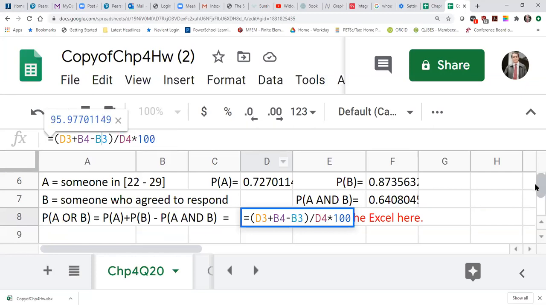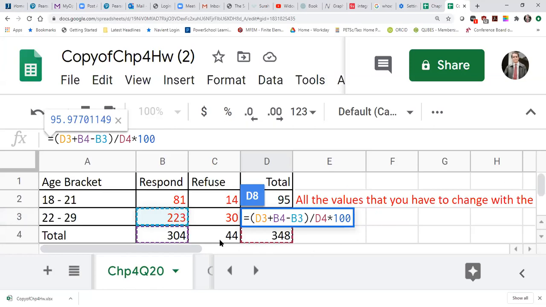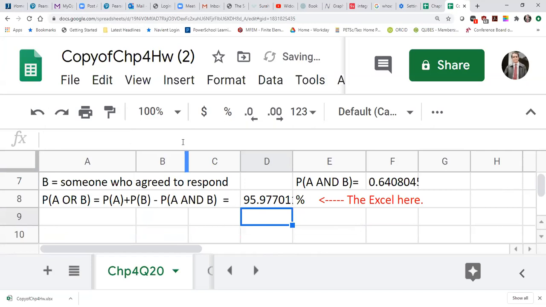Okay. So it is B3, okay. And then divide by the total, which is D4, okay. So if you press enter, this will be the answer, okay.